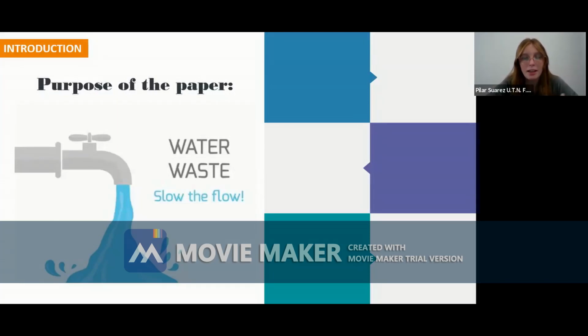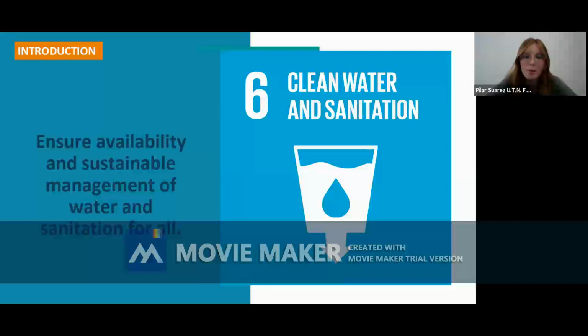As far as the targets connected with this SDG, 6.b is about the participation of the local communities in improving management and availability of water.